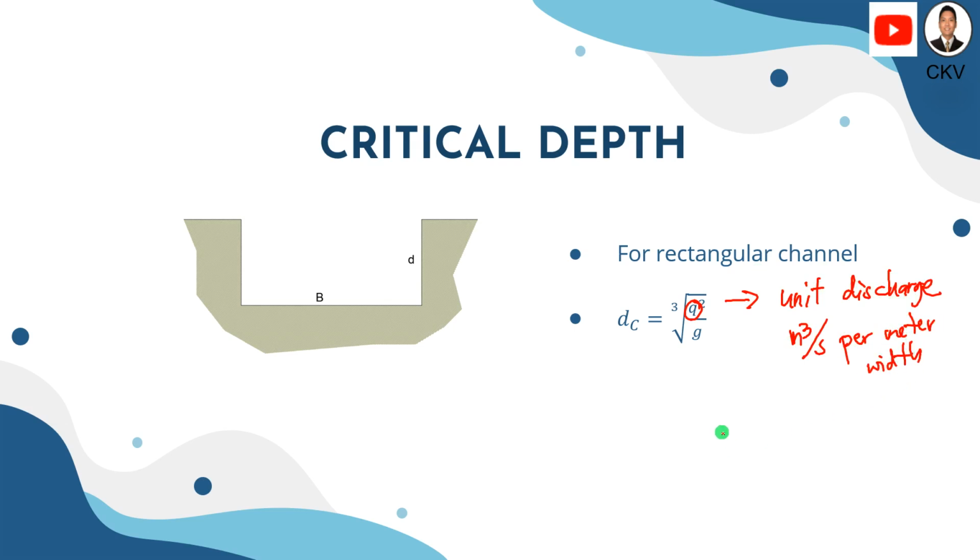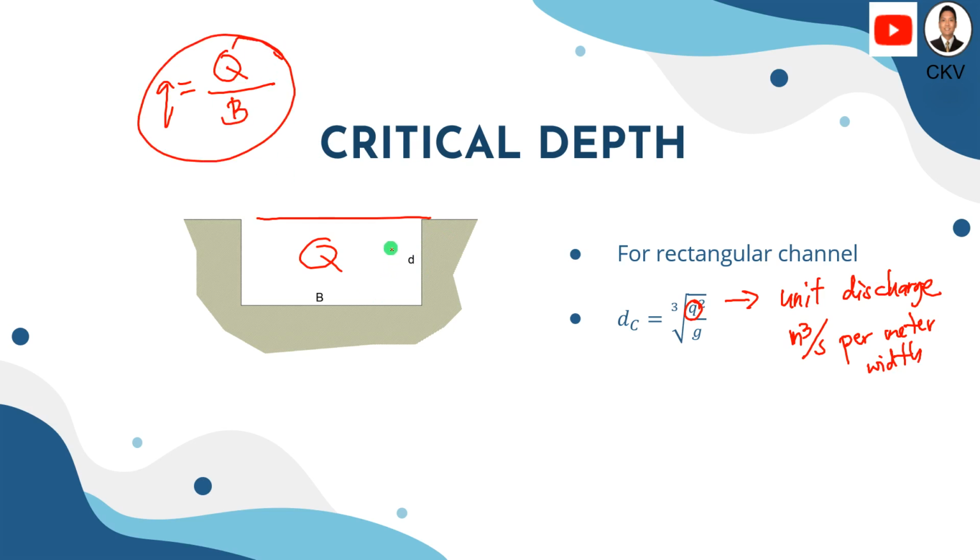So if we have a discharge Q in this open channel, in order to determine this lowercase q, we just divide the discharge by the width of the channel, which is b. So that's your lowercase q in this solution for a rectangular channel.